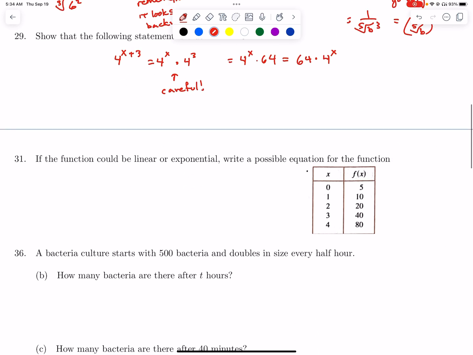All right. If a function can be linear or exponential, which one is this? Linear, you're adding at a constant rate. Exponential, you're multiplying.